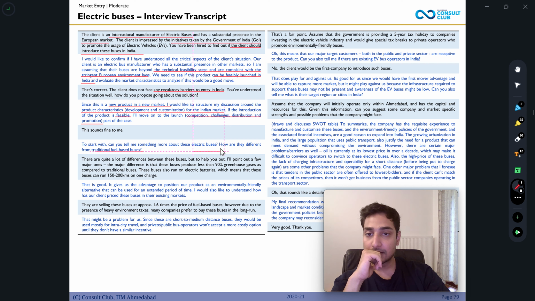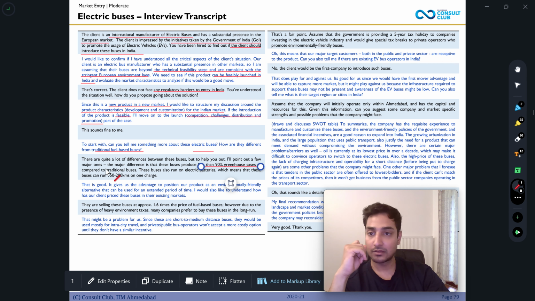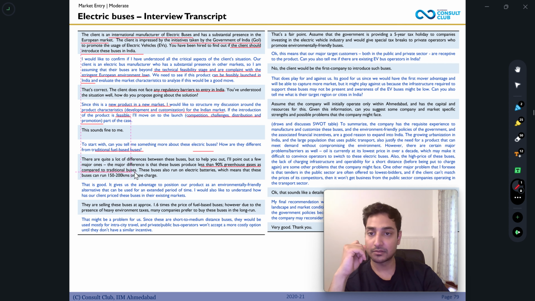Okay, so you have to understand how the electric bus is different from the traditional fuel buses. There are quite a lot of differences between these buses, but to help you out, I'll point out a few major ones. The major difference is that these buses produce less than 90% greenhouse gas as compared to traditional buses.